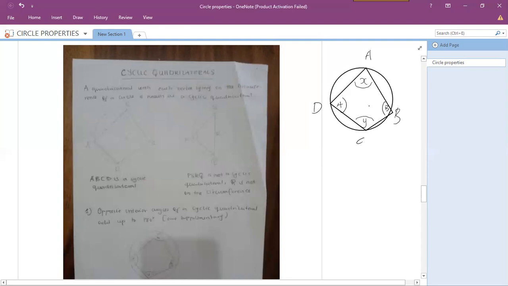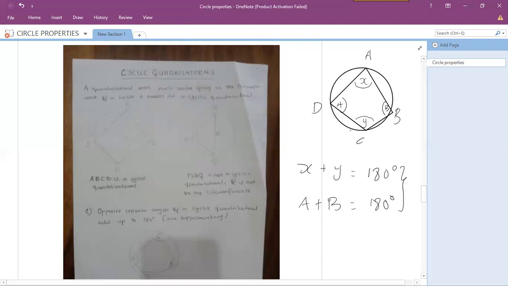So X and Y are opposite angles. If we add X plus Y, we should get 180 degrees. If we add A plus B, we should get 180 degrees, because opposite angles in a cyclic quadrilateral are supplementary.